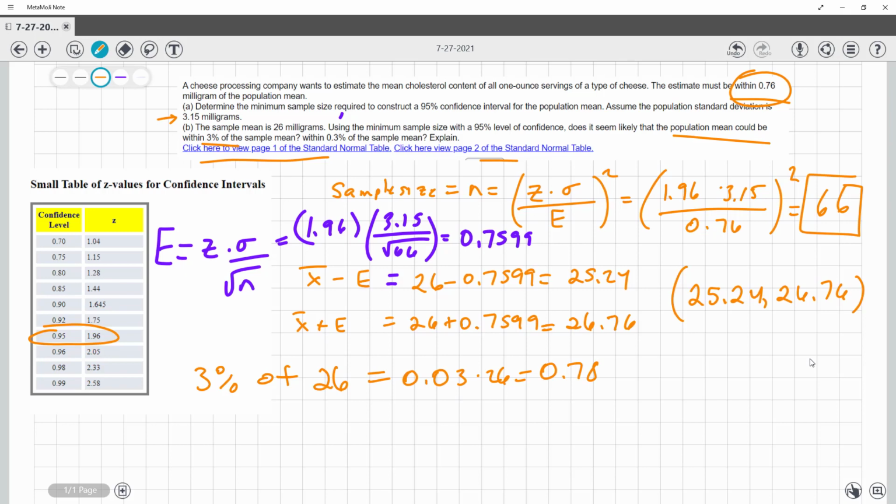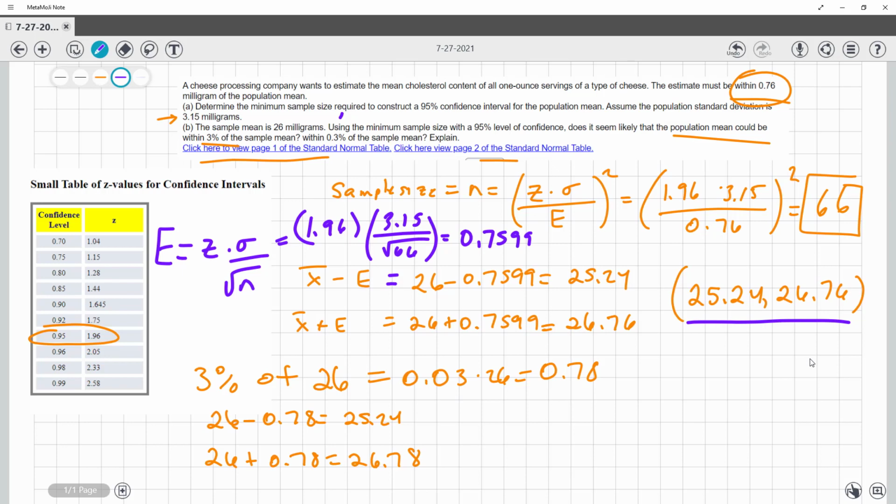So what we would do is take our mean minus that, once again the mean minus the error and the mean plus the error, 0.78.